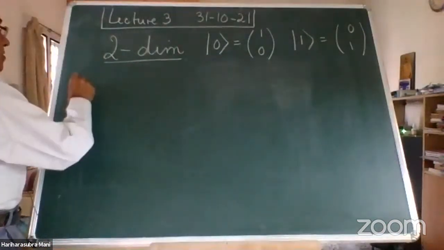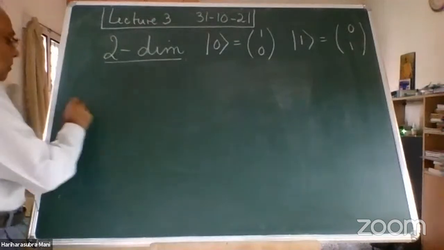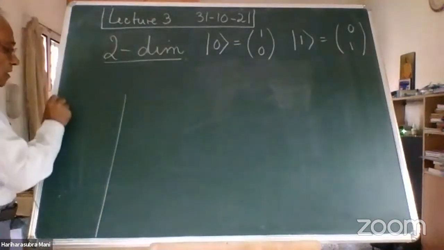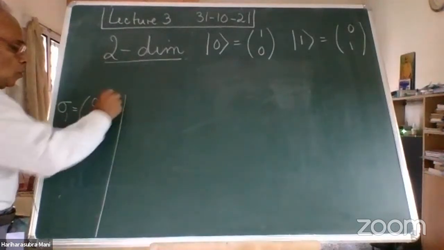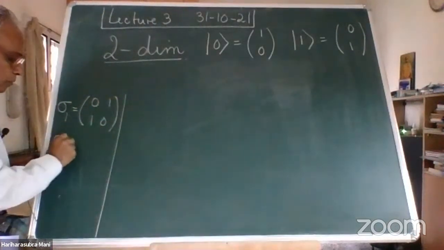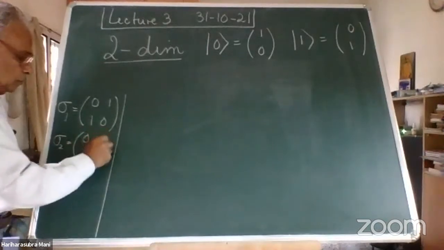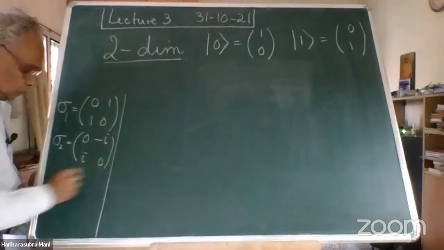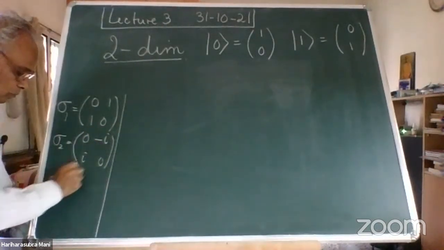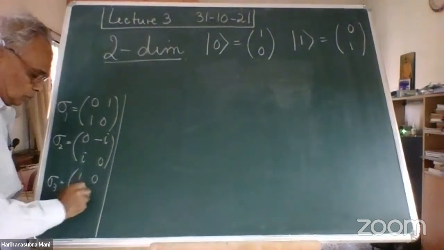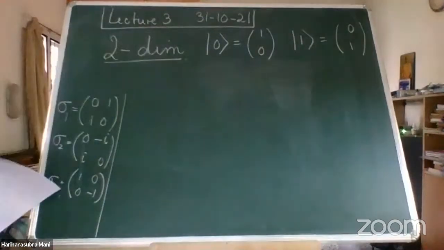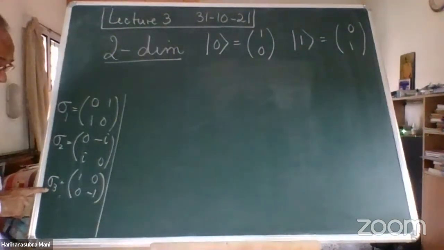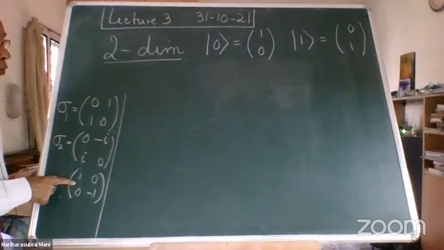The reason for that was, remember my sigma 1, sigma 2, sigma 3, which I will keep here. So this 0 vector is an eigenvector of the sigma 3 operator with eigenvalue 1.